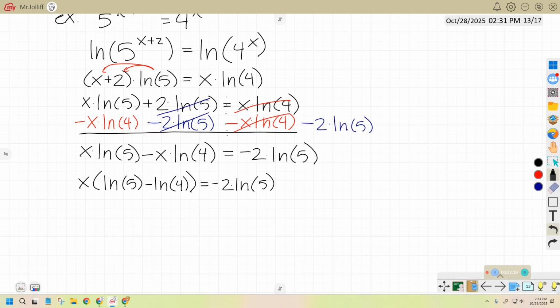I have x times a number equals a number. Looks gross, but that's all it is. X times a number equals a number. I could just divide by the thing that's times the x and call it a day.